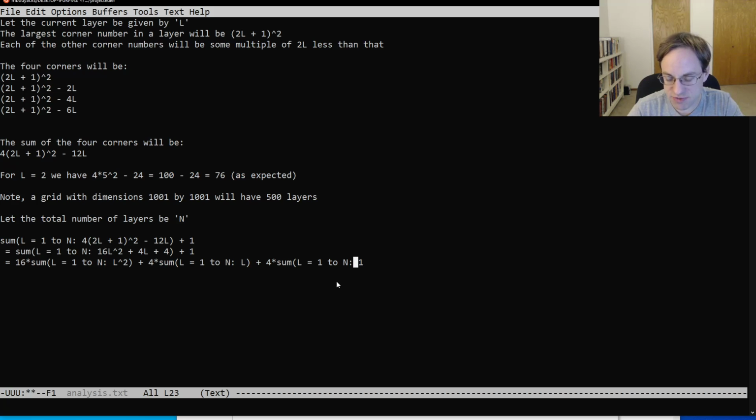Obviously, not actually a function of L, but just to keep this consistent. And then obviously plus 1 at the end.